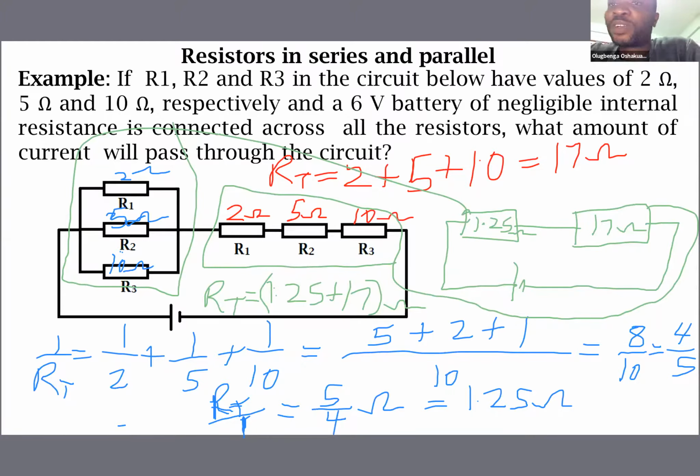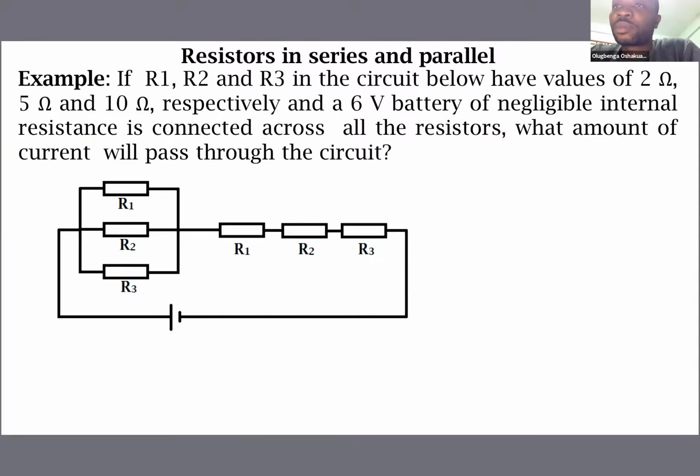So the total resistance in the circuit is 18.25 ohms. And we are told that the 6 volts battery is of negligible internal resistance. So the battery here is 6 volts.